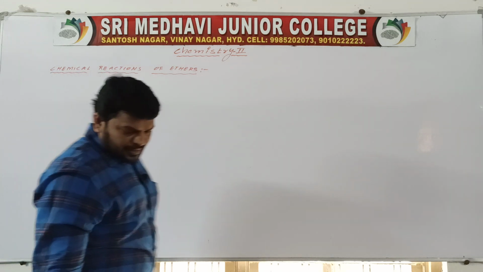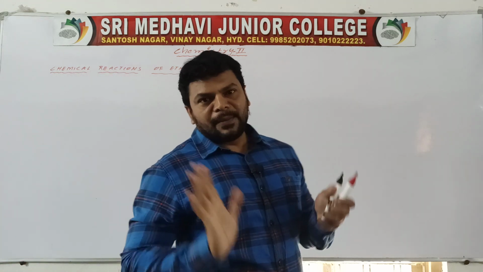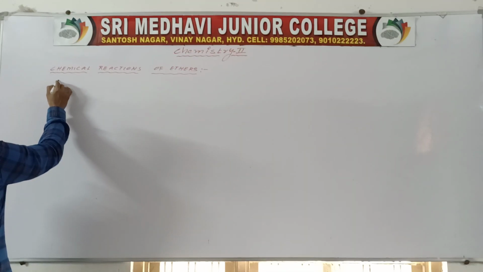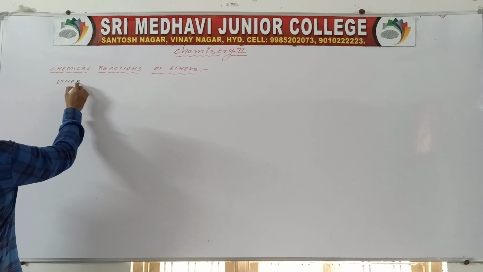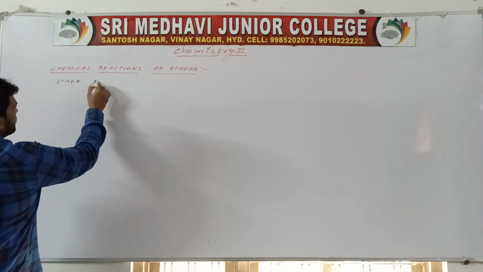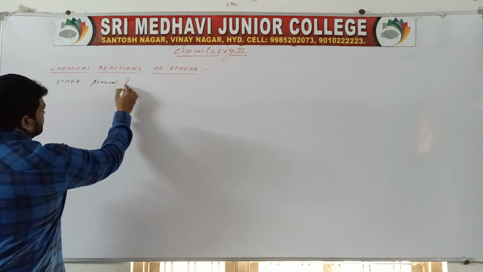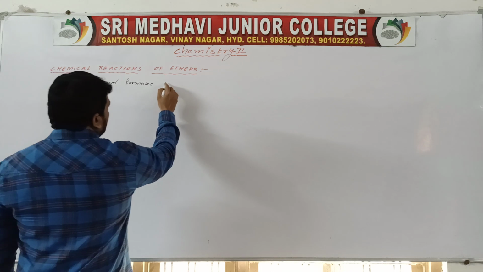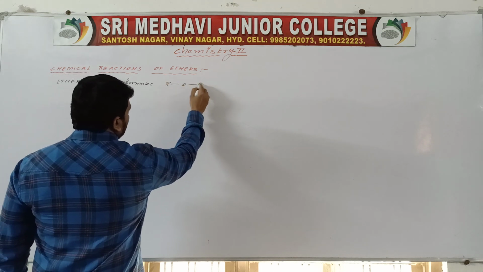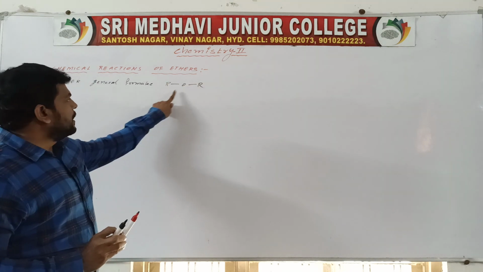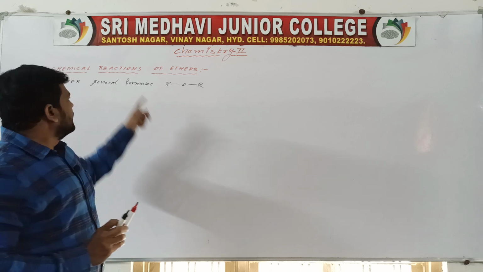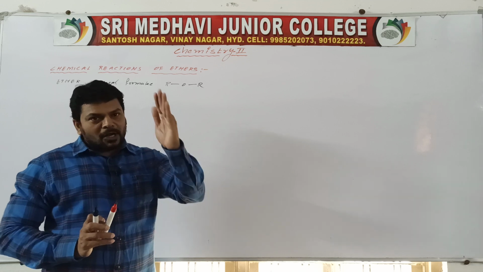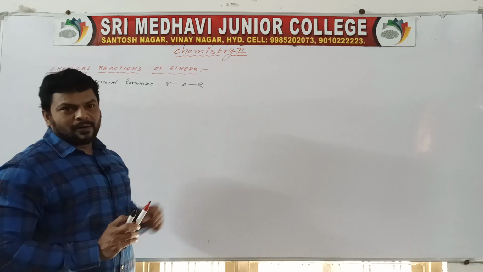Chemical reactions of ether. Ether has the general formula ROR. So to discuss chemical reactions, we have to cleave the C-O bond.